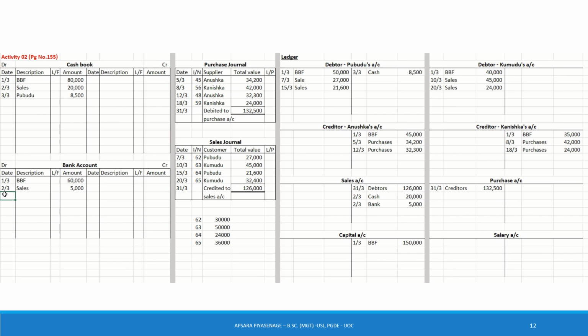Therefore, we can record that in the bank account, 6th of March, Kumudu 12,400, and Kumudu's account should be credited 6th of March. Here we write bank.